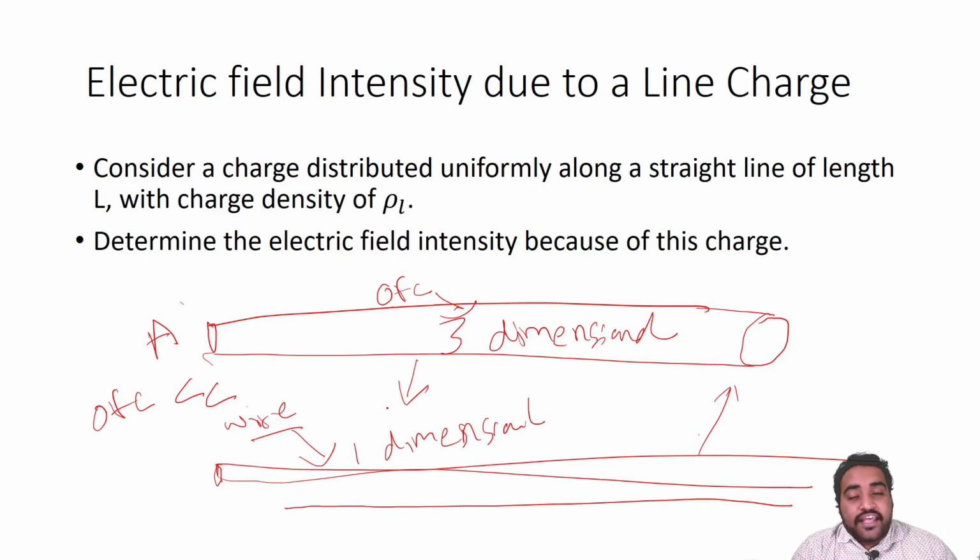Now, if you can limit this one-dimensional body to smaller, negligible lengths, it is quite possible that this length itself is also negligible compared to the distance from this wire. In that scenario, we may even consider a zero-dimensional entity, which is nothing but a point charge.